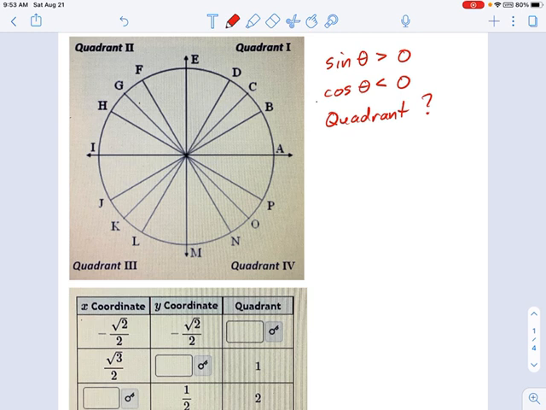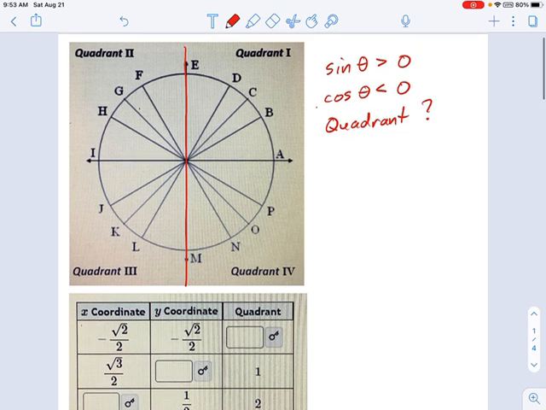So think about the xy coordinate plane. I'm going to just draw some axes on this unit circle just to make this point clear. Here's my xy coordinate plane. That's the y direction going vertically, and this is the x direction going horizontally. And remember that sine and cosine correspond to certain coordinate pairs.